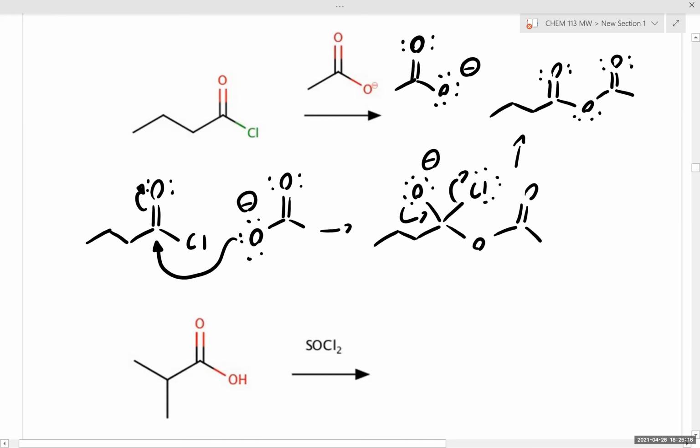It's another textbook carbonyl substitution under basic conditions. And the beautiful thing about this process is that it allows you to prepare mixed anhydrides. Does this make sense? Any questions on this mechanism?